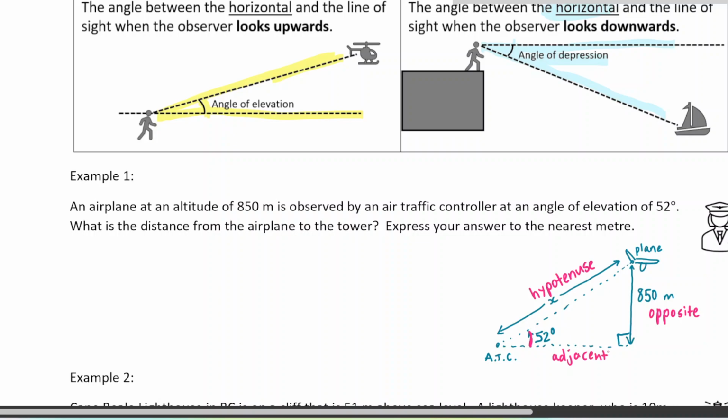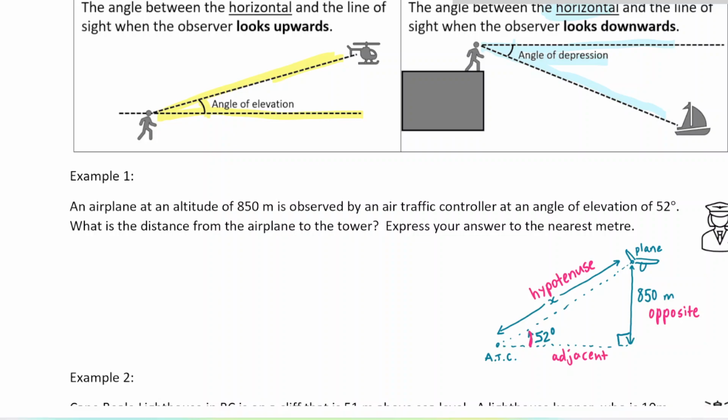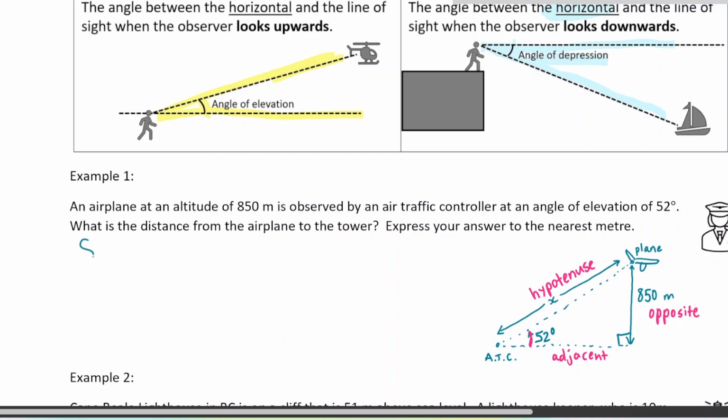Okay, and let's write out SOHCAHTOA so we can determine which ratio to use. Now I want to avoid one with the adjacent because I'm not trying to find the adjacent and I don't have the adjacent length. So I'm looking for a ratio that has the opposite and the hypotenuse, which is sine. Now I don't want to use cosine or tangent because they both have adjacent in them.